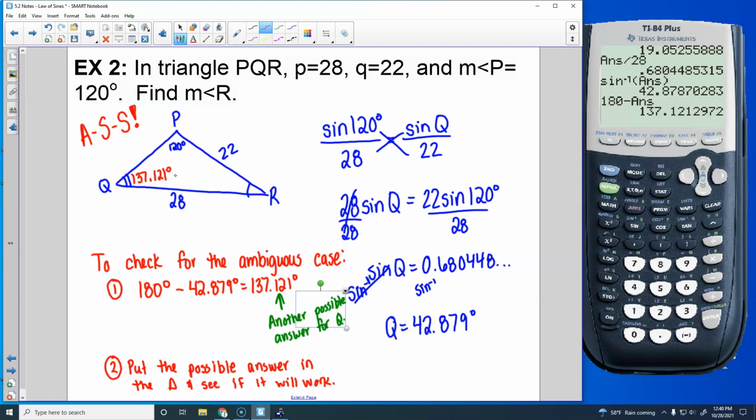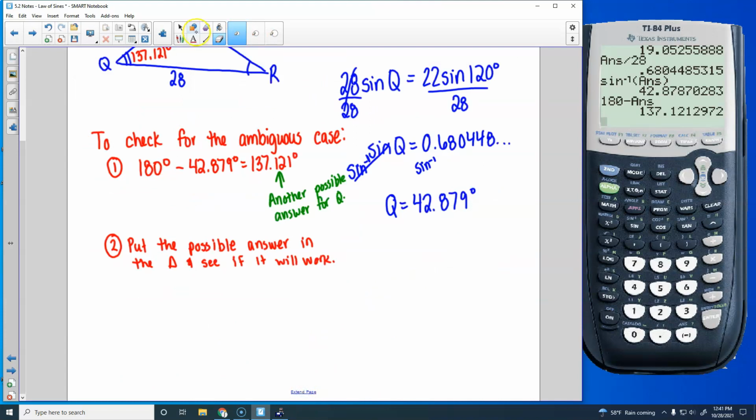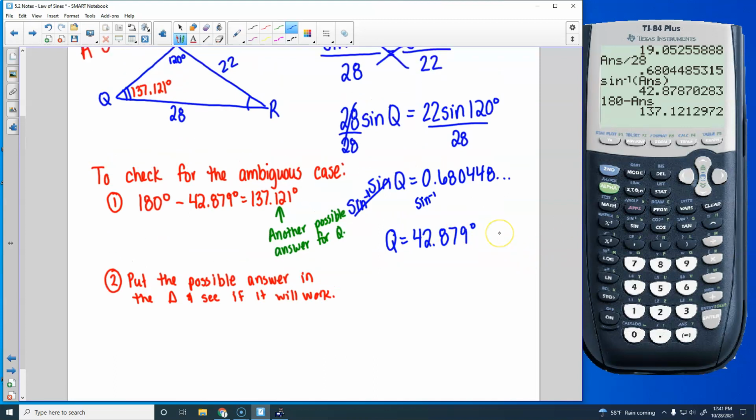Could that work? No. Because the angles of a triangle have to add up to 180 degrees, right? Well, this one's already 120 and this one's 137.121, it's no longer a triangle. If you got two obtuse angles, they're not going to connect, right? So, in this case, this is not ambiguous. So, 42.879 is our only answer.